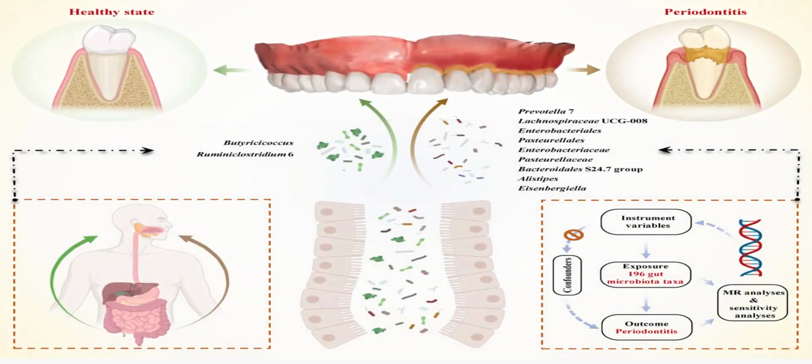Here's a diagram that you can see. On the left side you can see the healthy state of the tooth, and on the right side is the periodontitis-related tooth and condition. In this method, the green part means these are healthy.